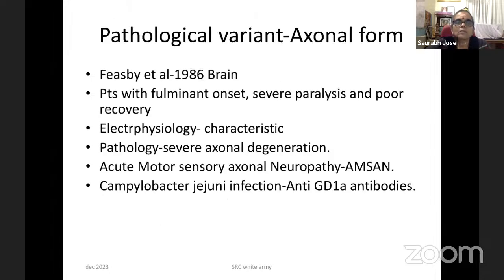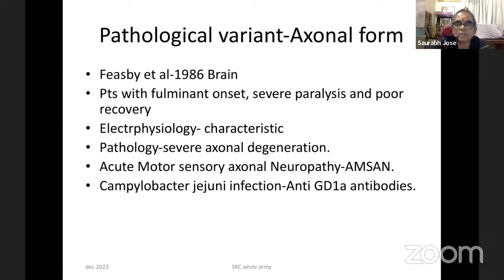Then pathological variants: in the axonal form, patients present with a fulminant course. As I said, axonal forms do not recover easily, and some of these patients remain wheelchair bound for several years. And in electrophysiology, as I had already said, distal conduction will be prolonged, with early denervation.